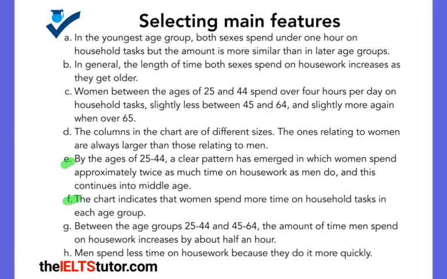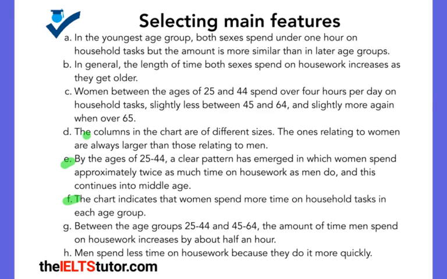Sentence D repeats the information from sentence F in a less useful form. The columns in the chart are of different sizes. The ones relating to women are always larger than those related to men. Very similar to F, but less helpful.